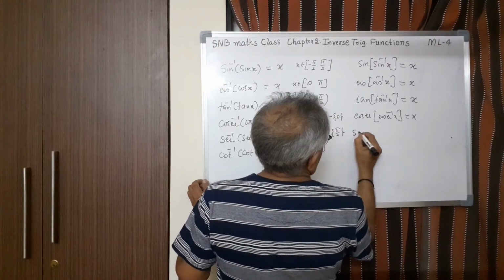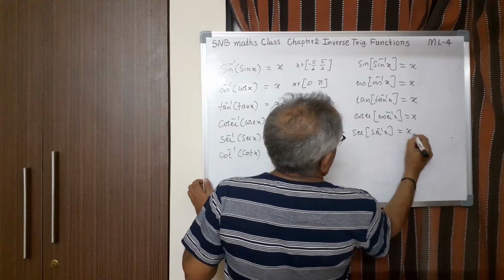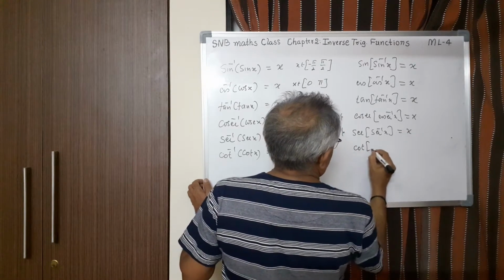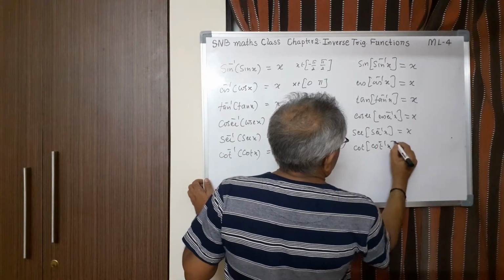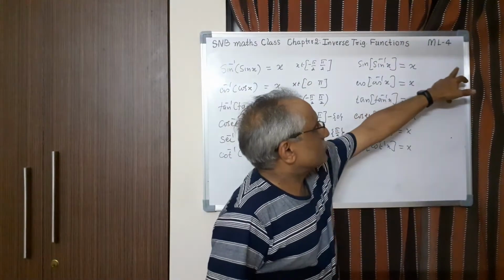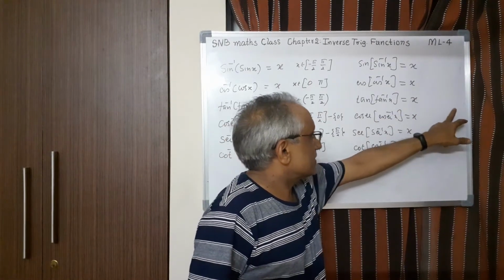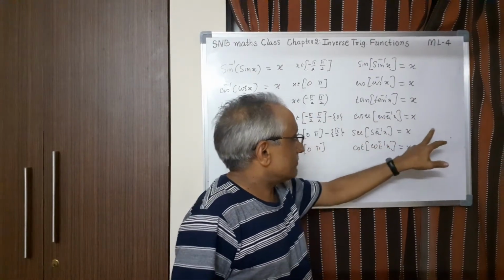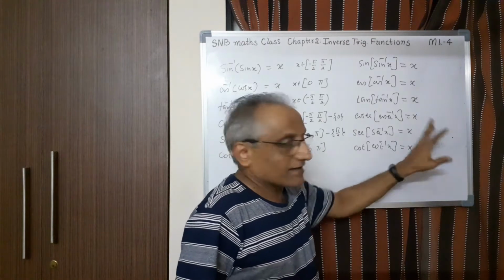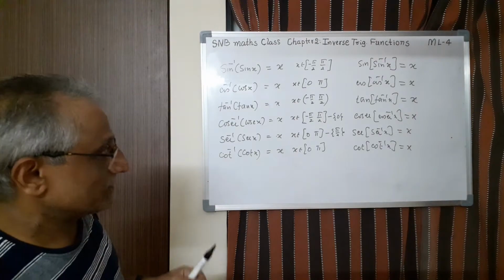Then secant of secant inverse x, this is x. And last one, cot of cot inverse x, this is also x. But here of course the domain is minus 1 to 1, here also minus 1 to 1, here x is R, here x is R minus the open interval minus 1 to 1, here x is R. So this is the way you have to remember. So this is actually the first property.